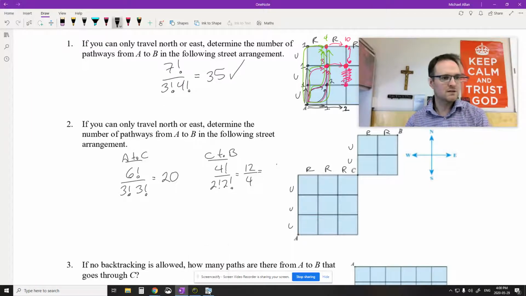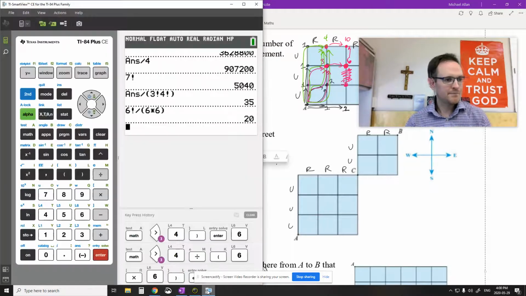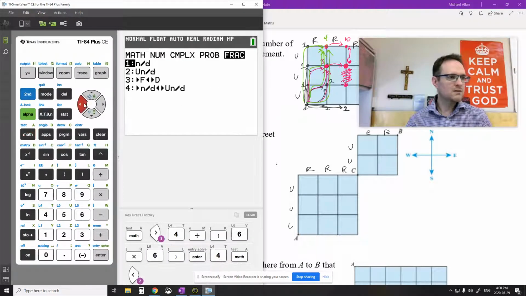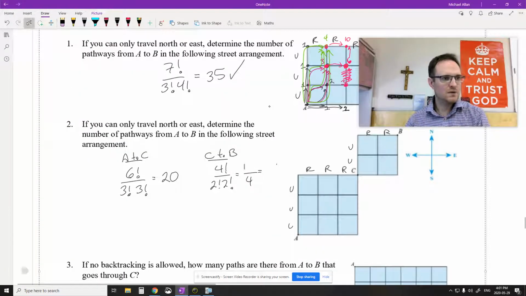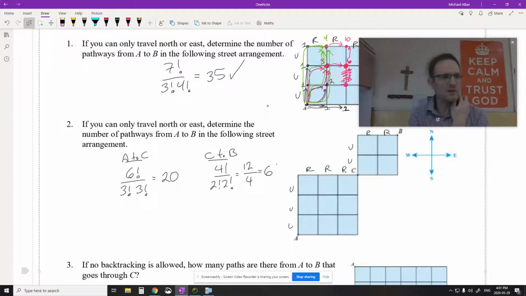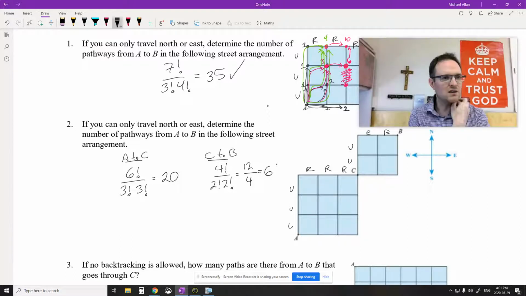Not 12, is it? My bad. Why was I thinking it was 12? I don't know. 24. That makes more sense. 24 divided by that 4. Okay. So 6 ways. I could probably draw all 6 of those out. We almost did up here. Actually, you can see that right here.